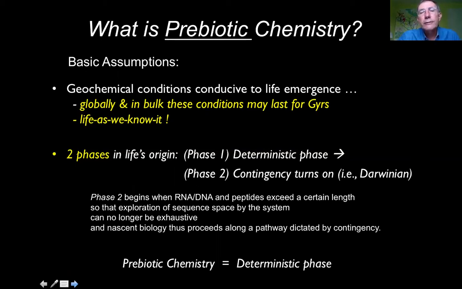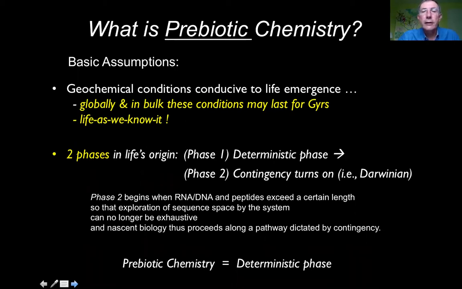And phase 2, if you want to be more specific about this, is when the large polymers, which are the genetic molecules, today's life, that's RNA and DNA, and peptides, which are the proteins or the protoproteins, small ones maybe to begin with, exceed a certain length. And that length is, mathematically, people have worked on that, Eigen in particular, not that dramatically large, 200 bases or so on.